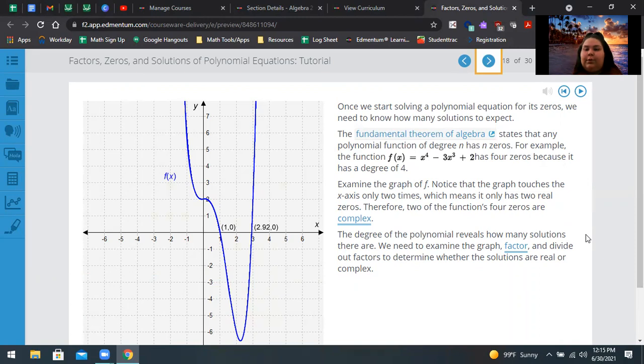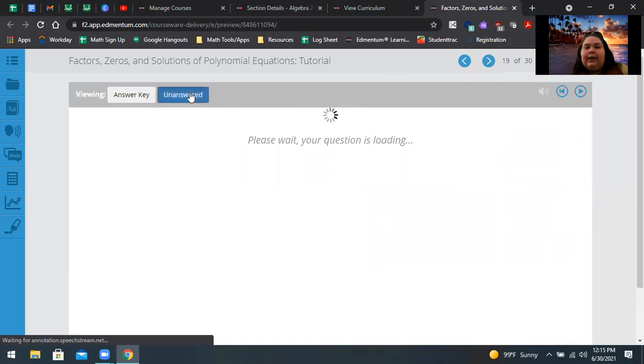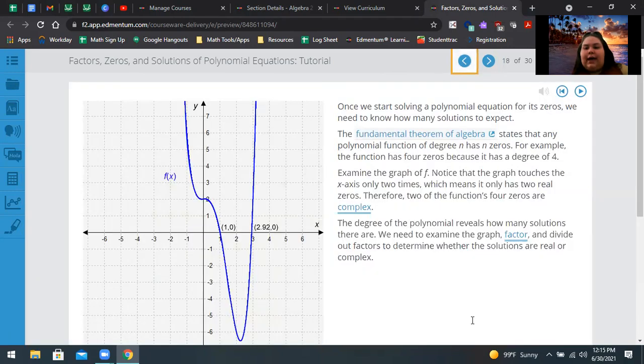The degree of the polynomial reveals how many solutions there are. We need to examine the graph, factor, and divide out factors to determine whether the solutions are real or complex. So here we do have real solutions, and remember, whatever amount of degree it matches up to, the rest would be considered complex.